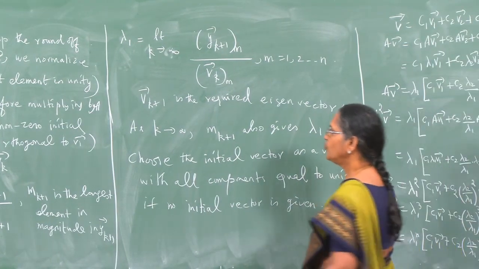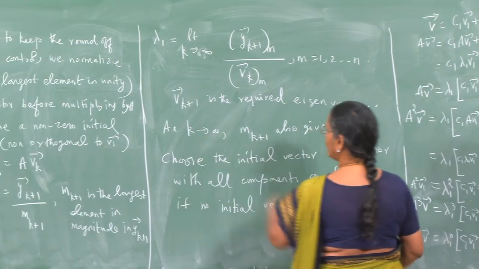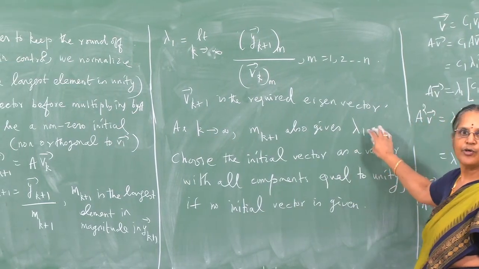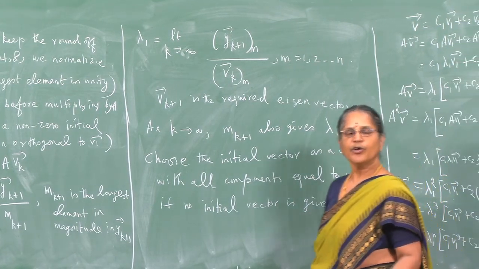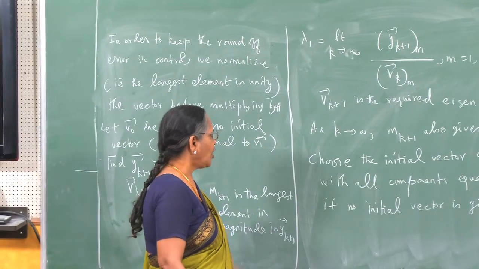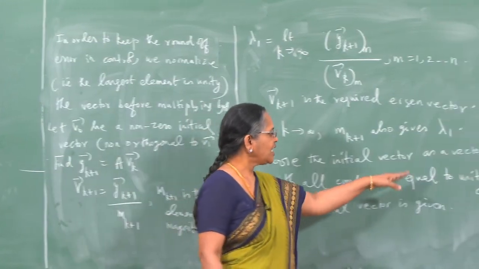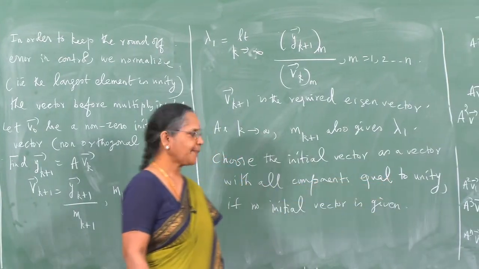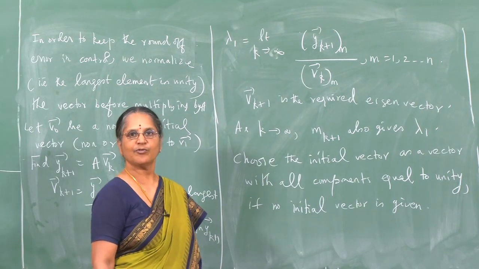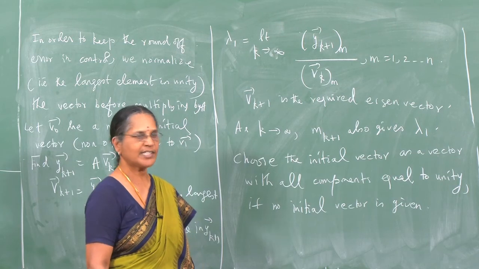In fact, you can see that as k tends to infinity, m k plus 1 gives you the eigenvalue lambda 1. So, choose your initial vector v naught with all its components equal to unity, provided you are not given any initial vector to start with in your computations.